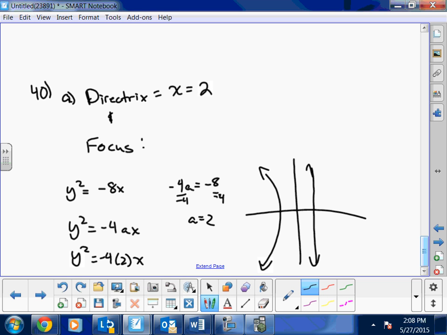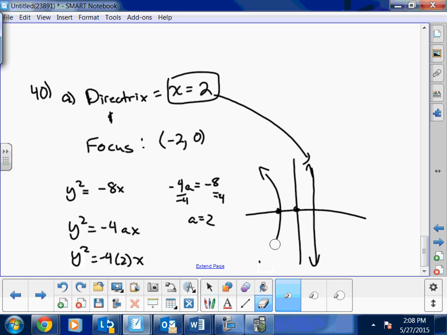This is going to be my directrix because it's going to be on the right. And since it's equidistant, with the vertex being in the middle, there's no change to that. It signifies that my focus is going to be (-2, 0). Actually, this is not a good representation, now I'm looking at it.